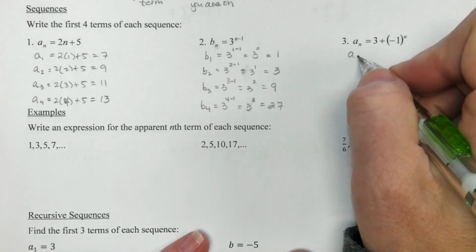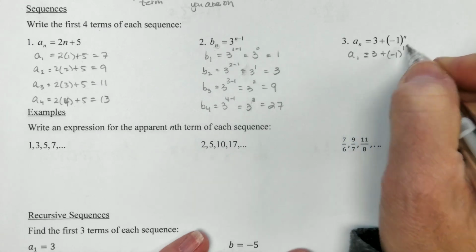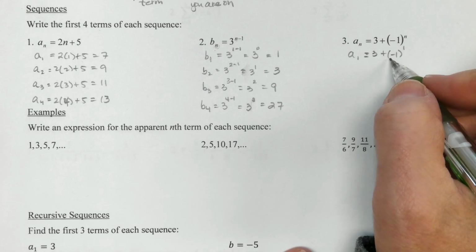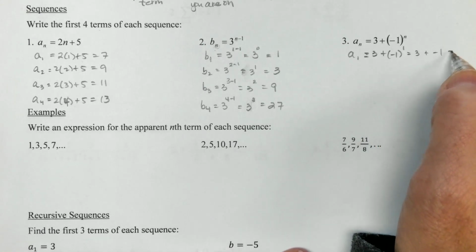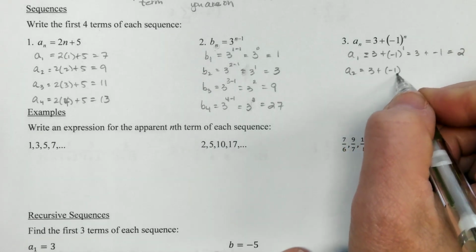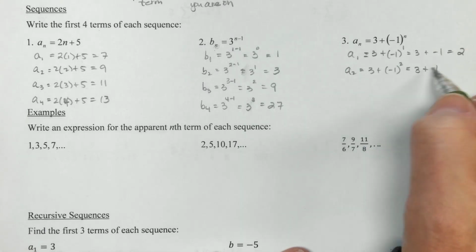One more to go. First term, we're going to plug in a 1, so I've got 3 plus negative 1 to the first. Any negative number to an odd power is going to remain negative. So we'll have 3 plus negative 1, which is 2. Second term, now we're going to raise that to an even power, and when you do that, you end up getting a positive.